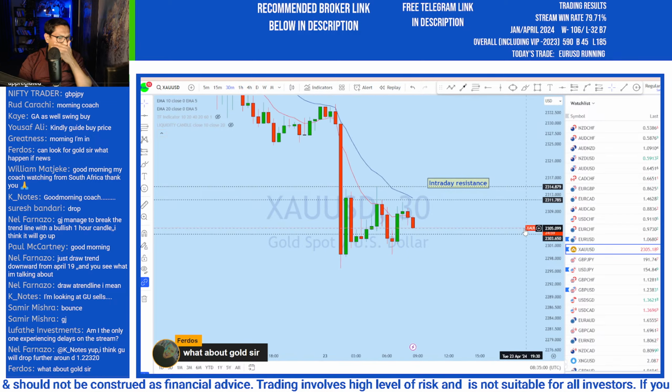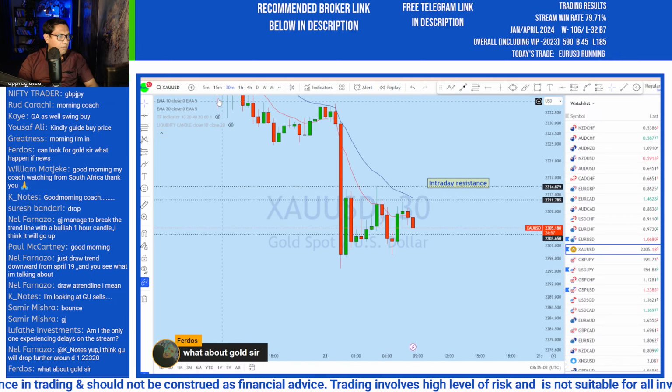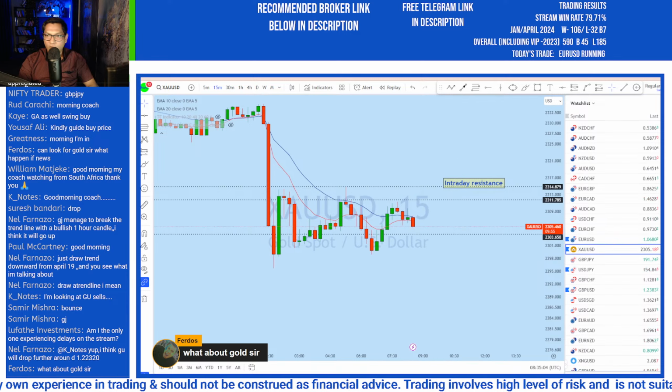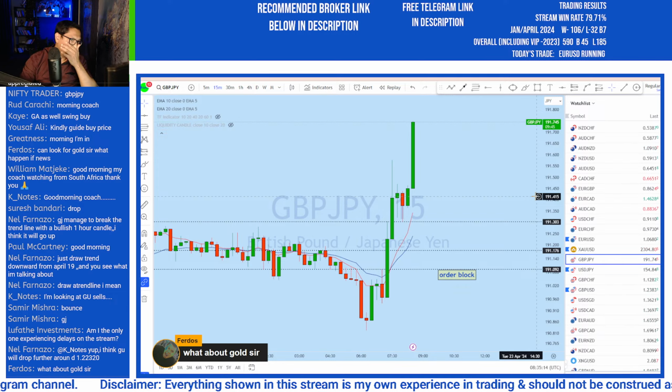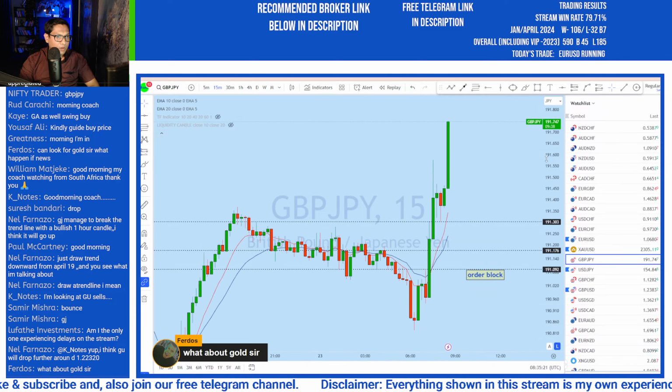Let's see how far it goes, and based on that we will be looking for entry. Okay, so GJ, we could take a chance, but if it goes up without taking us back, that's fine. We'll be looking for entry.